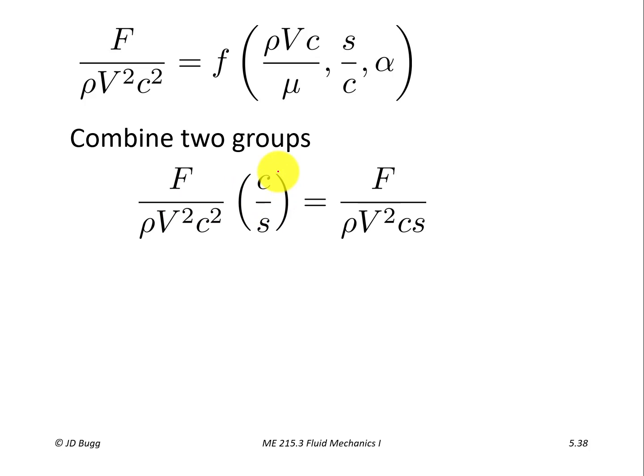So when we multiply these two things together, the C there cancels with one of these C's, and we get F over rho V squared CS. Well, this CS is the plan form area. So if you're looking straight down on this wing, it's the area that you would see called the plan form area. And that's a very common physical parameter of the wing that we would use to define the drag coefficient.